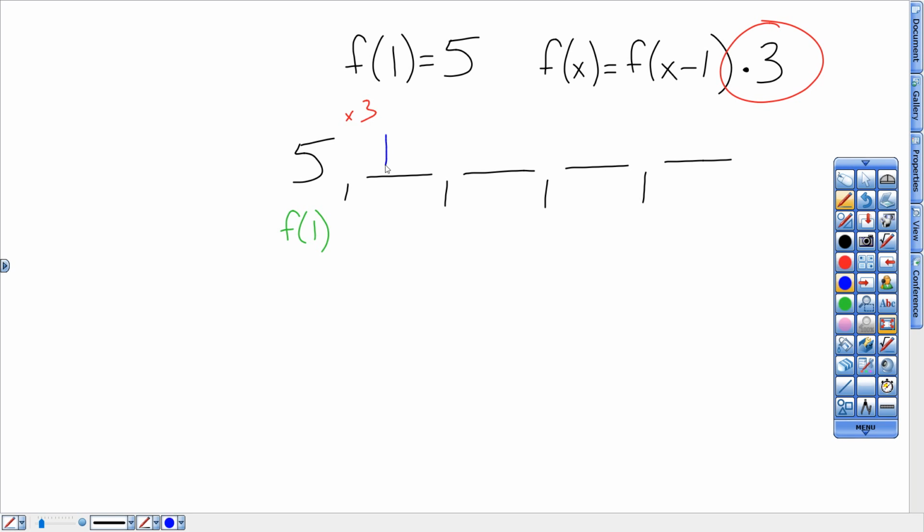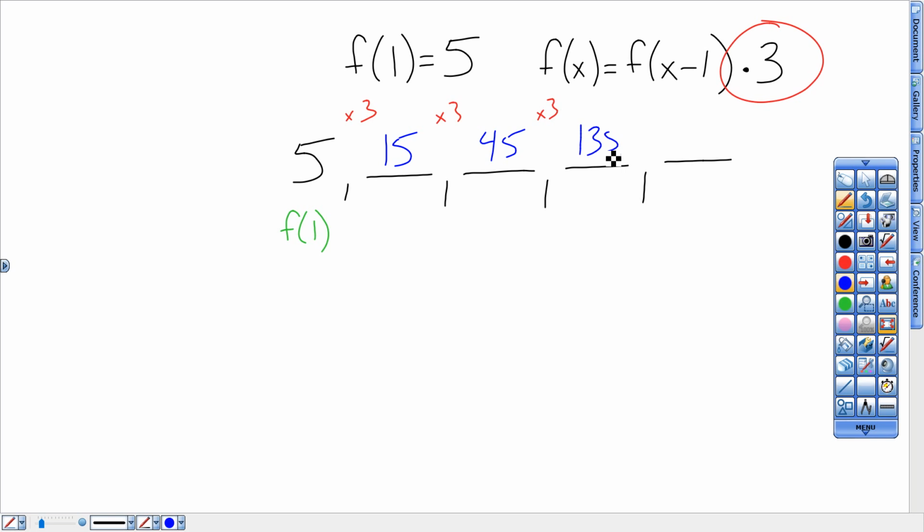Take that 15 times 3, and that gives me 45. Take that 45 times 3, gives me 135.